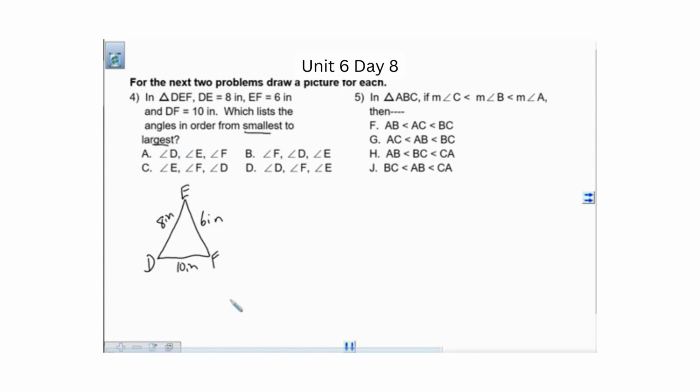So we need to order our sides from smallest to largest. EF is our smallest, which means angle D is our smallest angle. DE is our middle length side, which means angle F is our middle angle. And DF is our longest side, which means angle E is our largest angle. Which one matches? That is D.